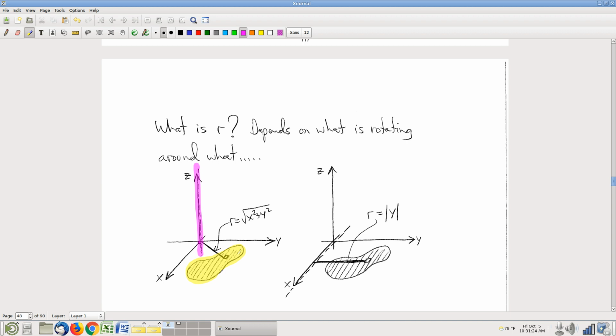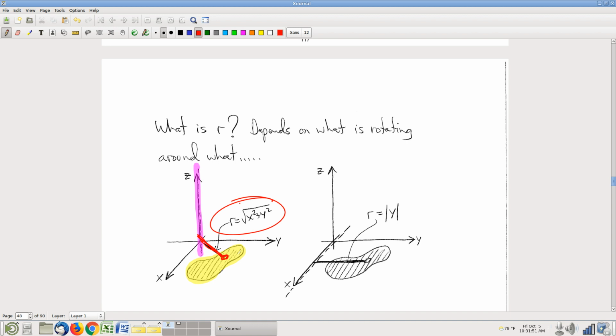Well, that means that the distance from some little piece of that mass to the axis, a little geometry problem, no big deal, is given by the Pythagorean formula, square root of x squared plus y squared. Conveniently, it's the familiar notion of r from polar coordinates. That is a peculiarity of this circumstance.